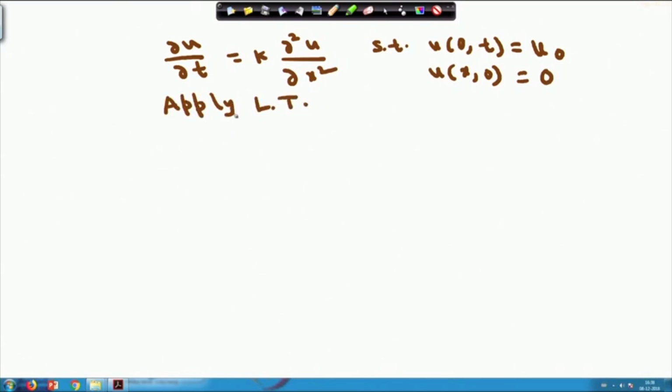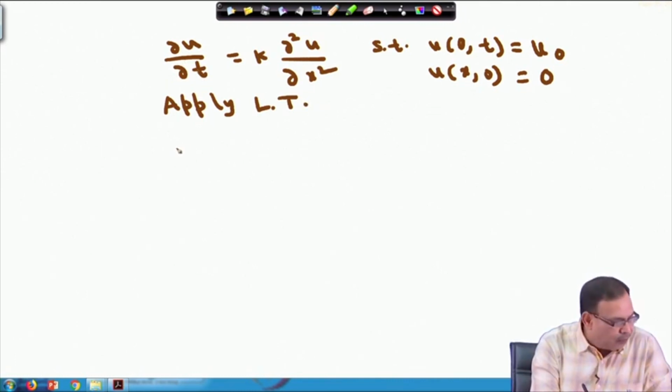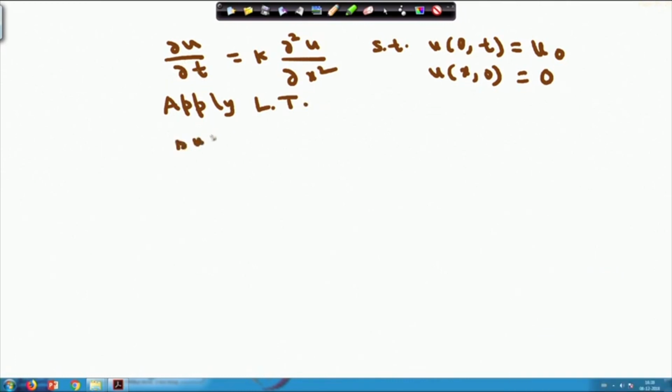Then you will obtain the Laplace transform of del u del t, which you can write by the formula s into u bar(x, s) minus u(x, 0). On the right hand side, for del 2 u del x square, I am applying Laplace transform with respect to t, like the earlier problem.